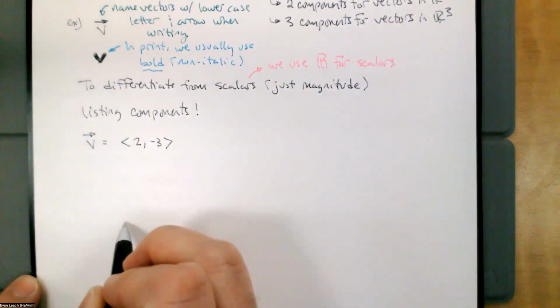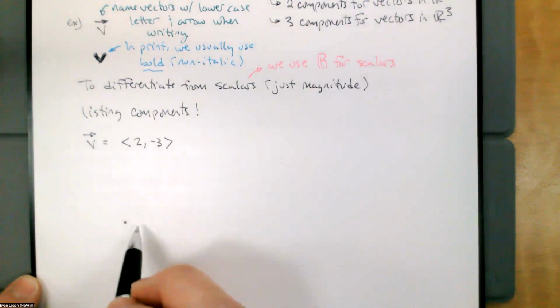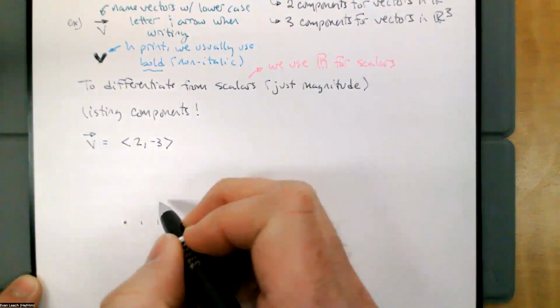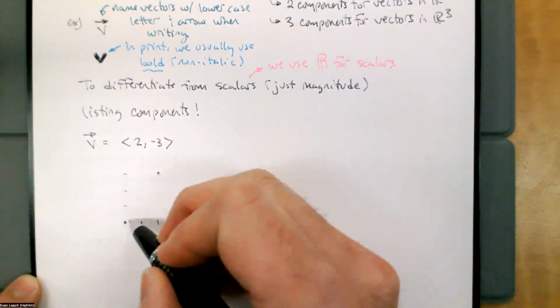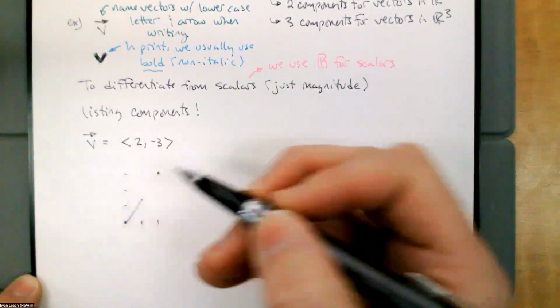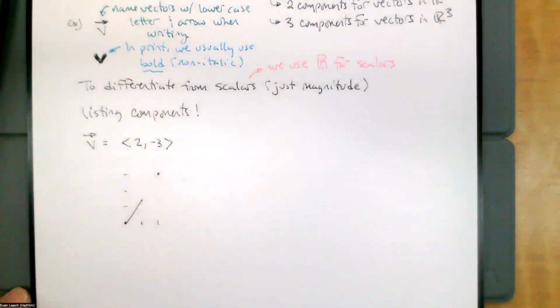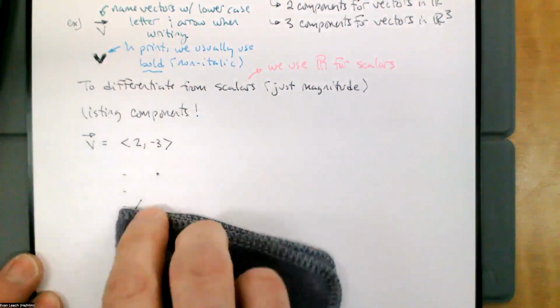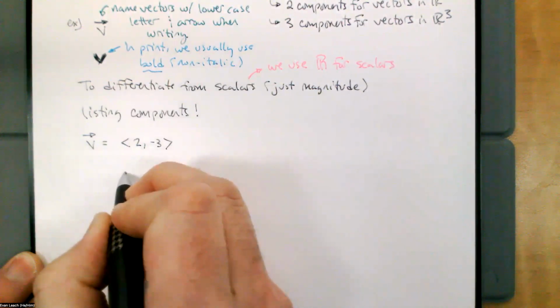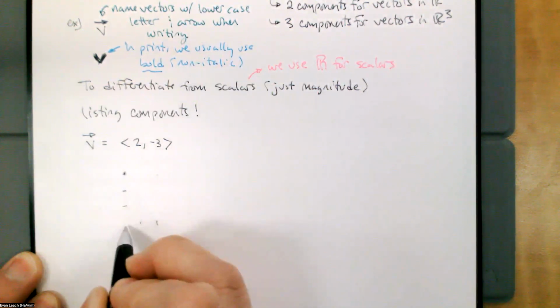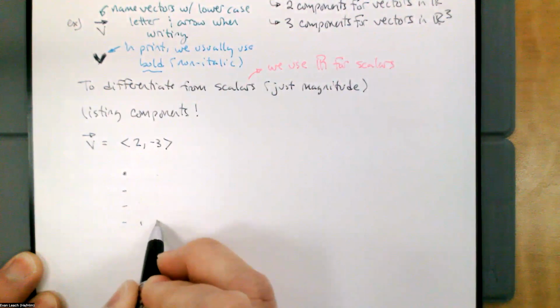If we imagine some starting point, the vector 2, 3 will go 2 in the horizontal and 3 in the vertical. Oh, I said -3. We'll go -3 in the vertical and +2 in the horizontal.